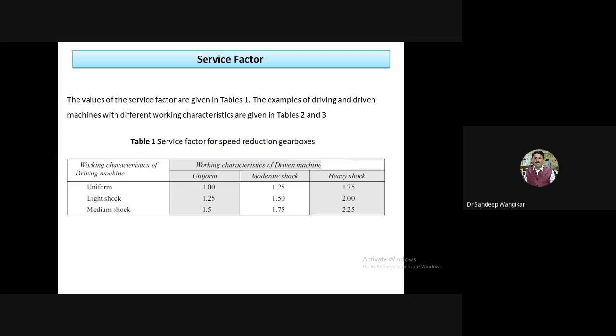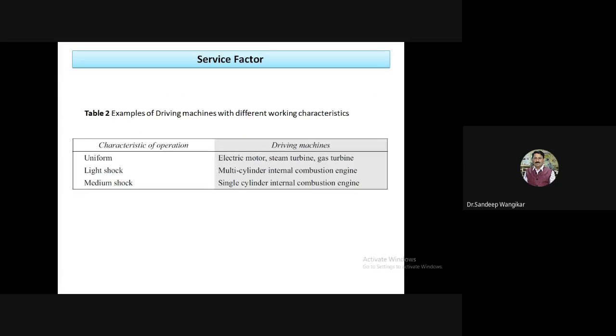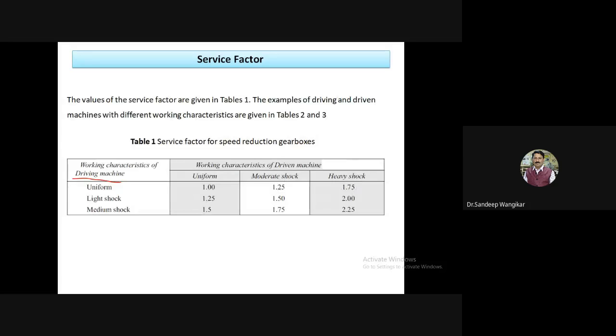So, the working characteristics of the driving machine and the working characteristics of the driven machine. Again, I will be discussing what the driving machine characteristics are and what the driven machine characteristics are. For uniform driving and uniform driven, no problem at all, service factor 1.